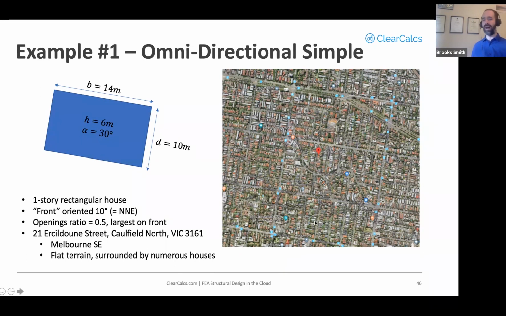It's just a whole lot of one-story houses all around this. The structure is a perfect rectangle, one story, so maybe average roof height, 6 meters. Relatively steep roof pitch of 30 degrees, but I'm going to demonstrate this by working it through the ClearCalcs platform.